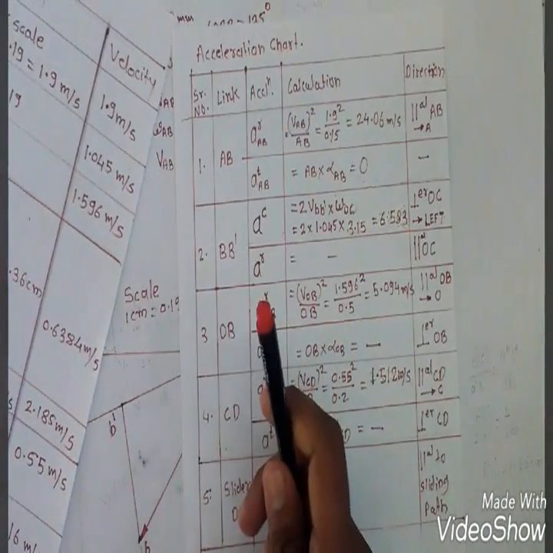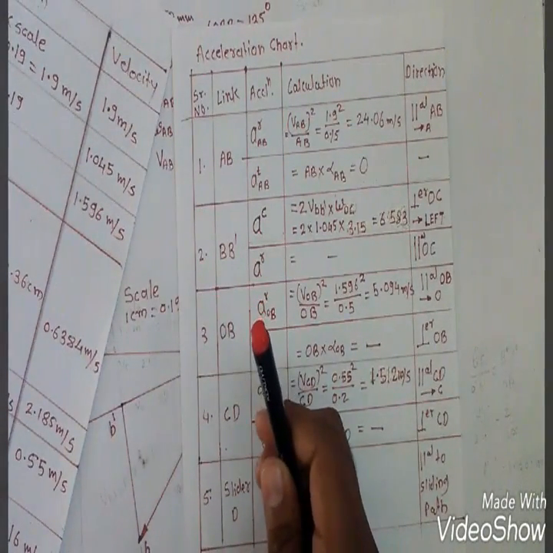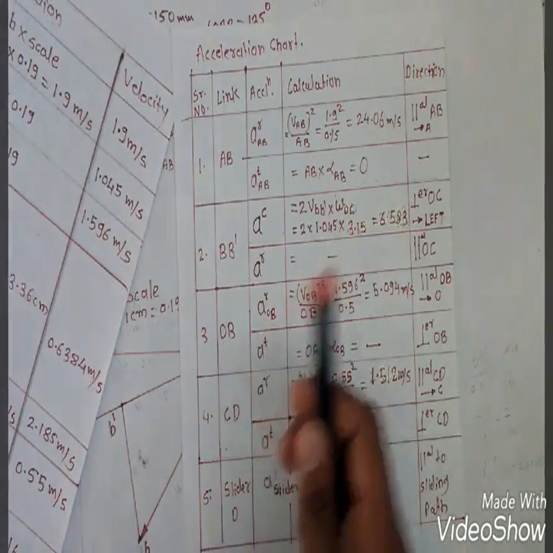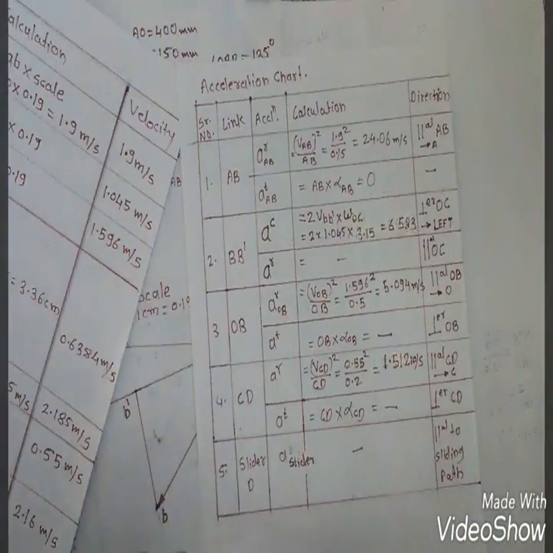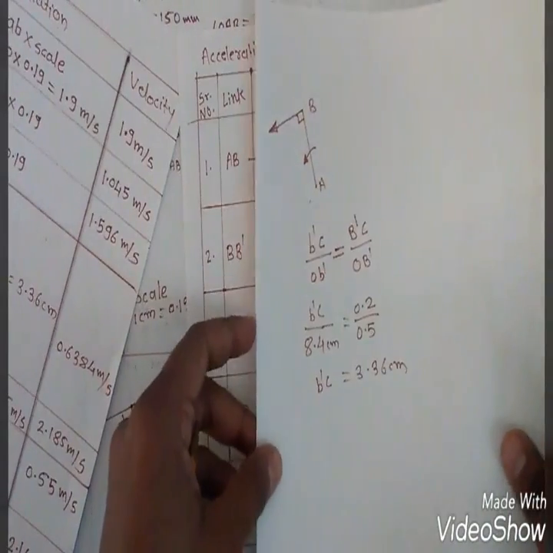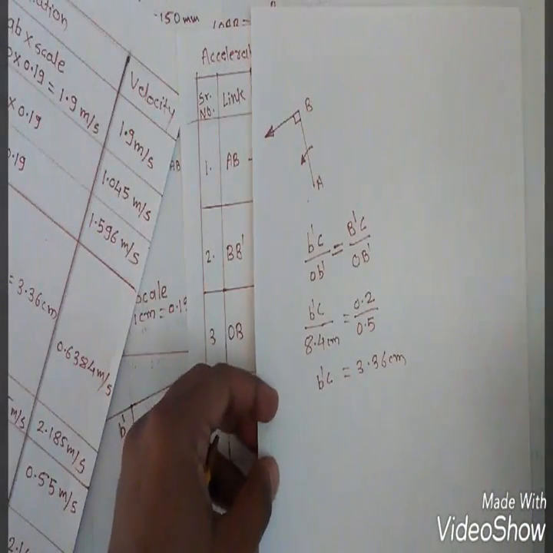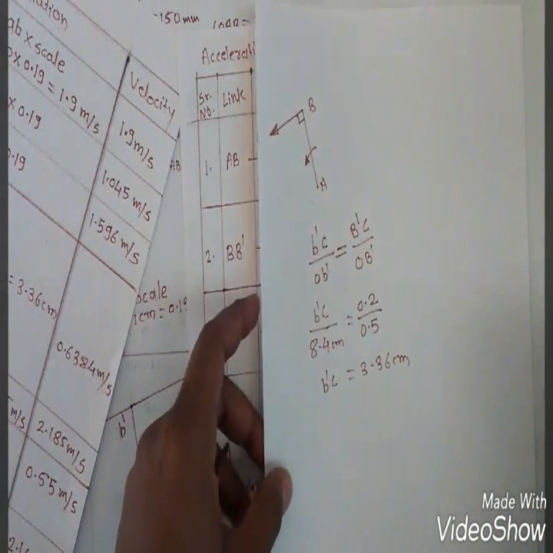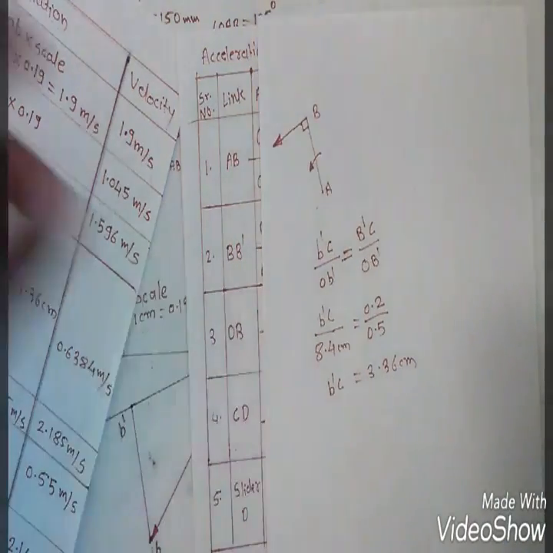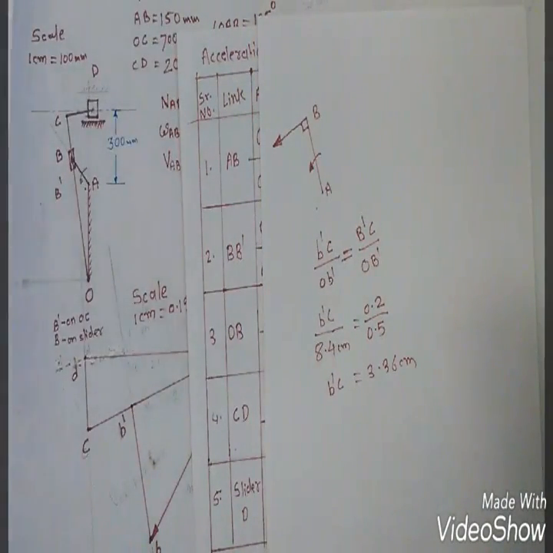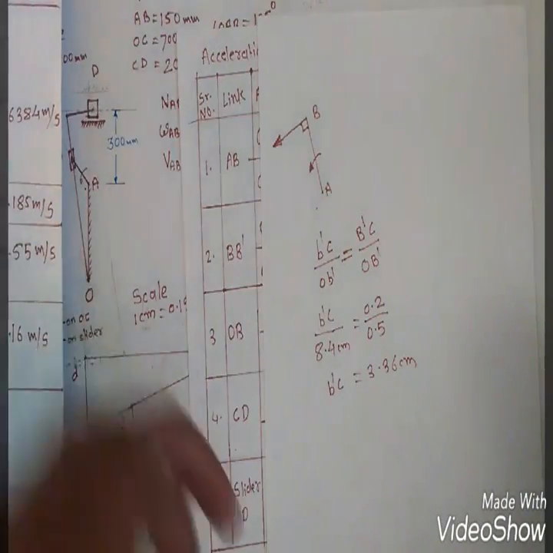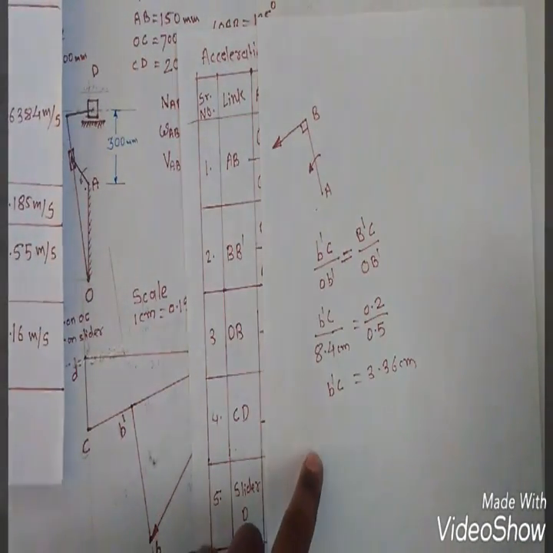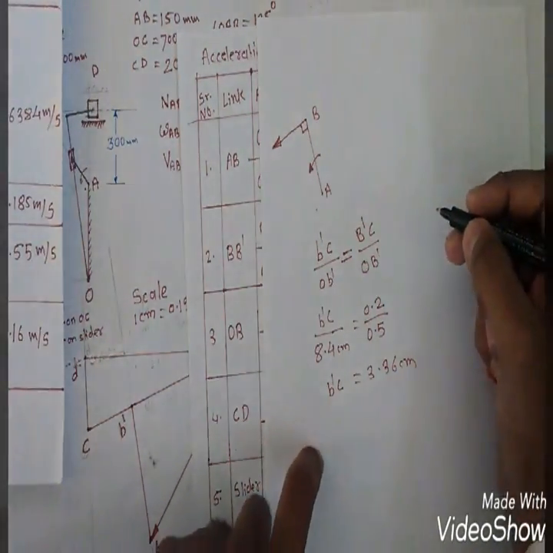while drawing the acceleration diagram, you must know the basics. Whenever a mechanism is in rotary motion, or one crank is there and some links are having oscillating motions, then for each link there are two components.